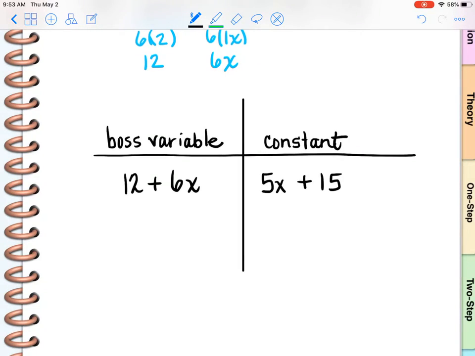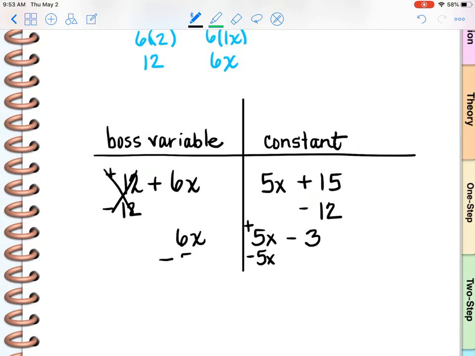So I'm going to go ahead and move this positive 12 over to the constant side. And 15 minus 12 is 3. And then I'm going to move this plus 5x over to the variable side. So I'm left with 1x, negative 3.